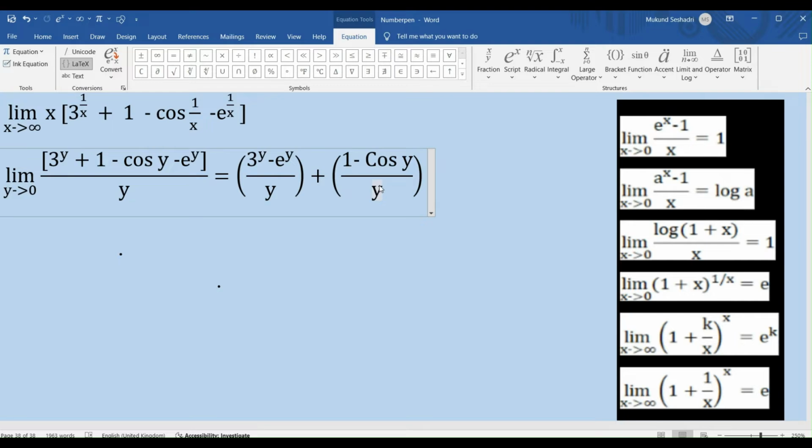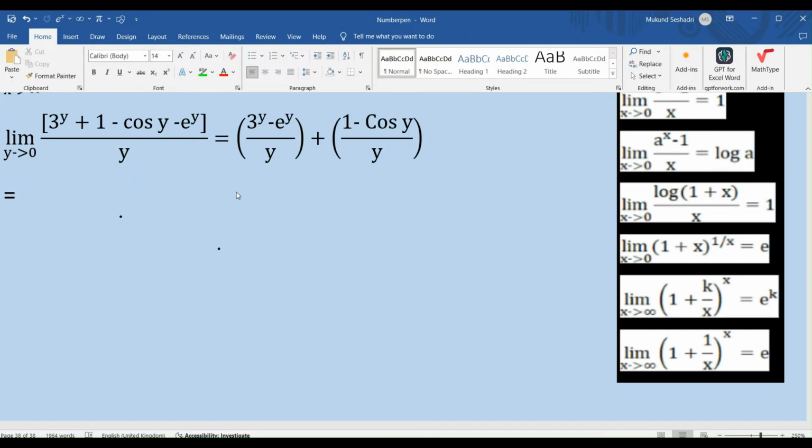So we know that 1 minus cos y divided by y, as y tends to 0, will be 0, right? I would request you to take a look at some of the problems we have solved under trigonometric limits, and feel free to write to me if you have any concerns in terms of understanding those problems.